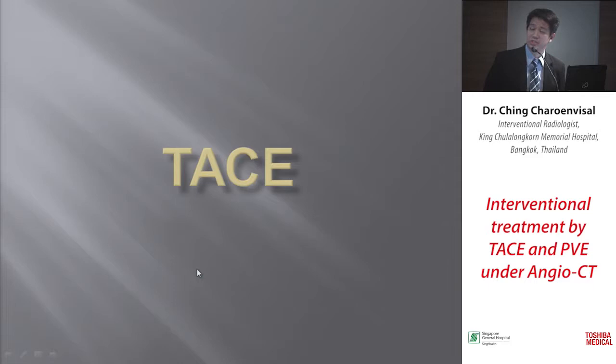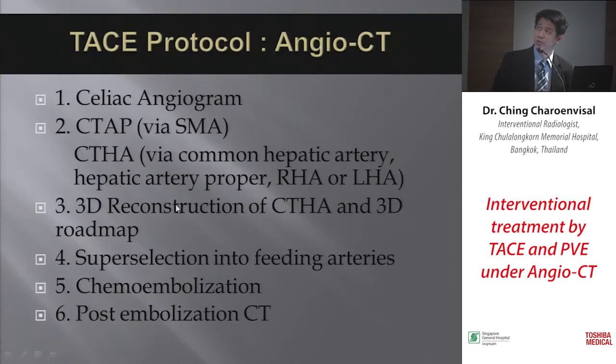In the TACE cases, this is our TACE protocol by the Angio CT. We do the celiac angiogram first, and then we do the CT-AP. CT-AP is a CT of the portal phase, where we place the catheter at the SMA, inject the contrast medium, and wait until the contrast gets into the portal vein and do the CT scan.